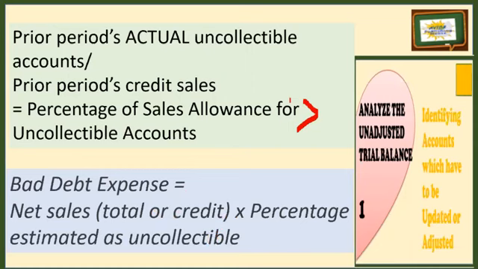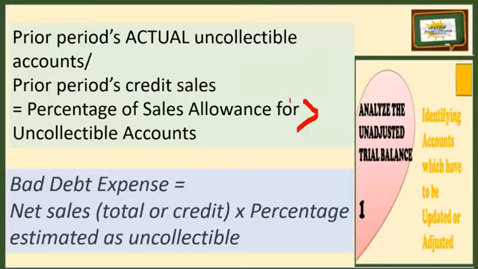In theory, the method is based on a percentage of prior year's actual uncollectible accounts to prior year's credit sales. When cash sales are small or make up a fairly constant percentage of total sales, firms base the calculation on total net sales, since at least one of these conditions is usually met. Businesses commonly use total net sales rather than credit sales.